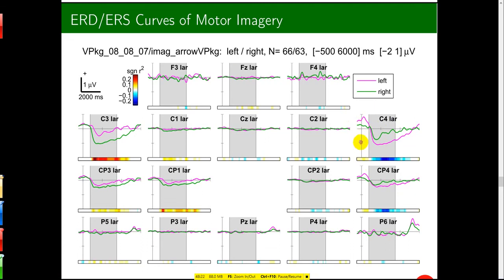So the power, okay, after the onset of imagination, there is a very nice decrease in the power of the signal. Again, this is time domain. We are trying to identify when that power decrease happens. Right, immediately after, within the matter of 300 or 500 milliseconds. If the entire window is 2 seconds, then let's say this is 500 milliseconds. Immediately, right? C4 channel, C3 channel, carries very nice information.